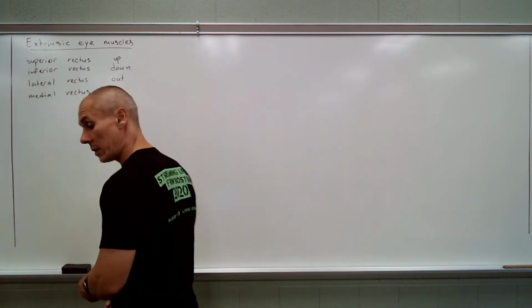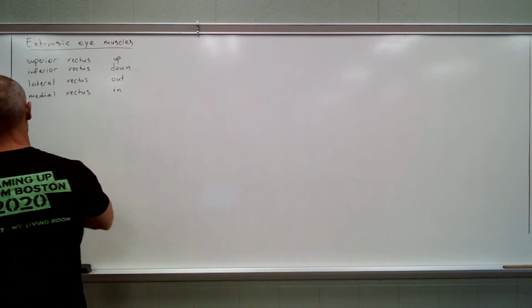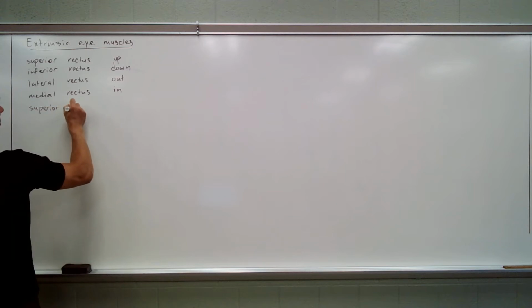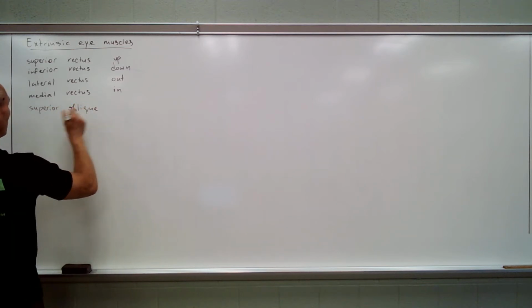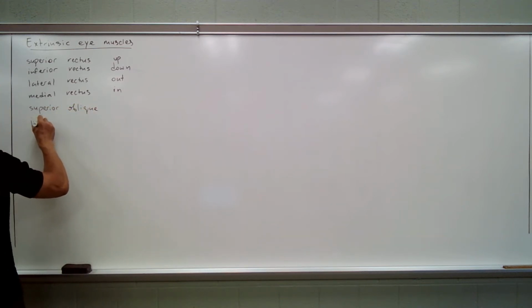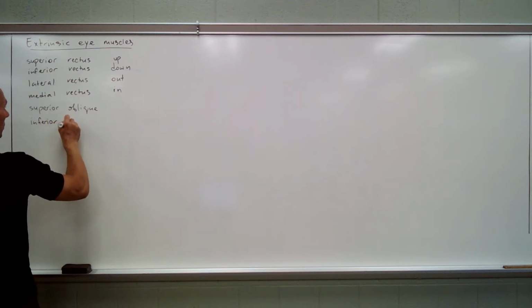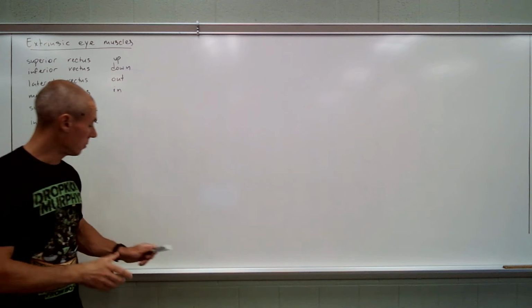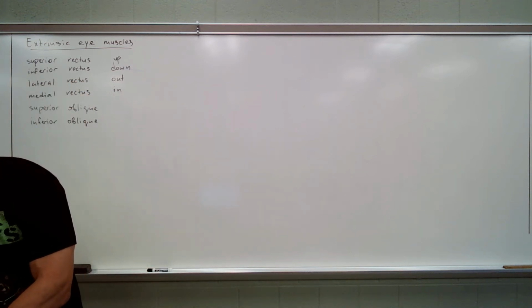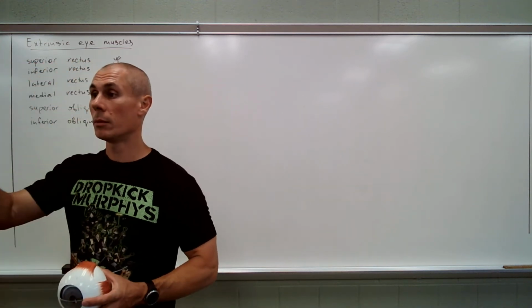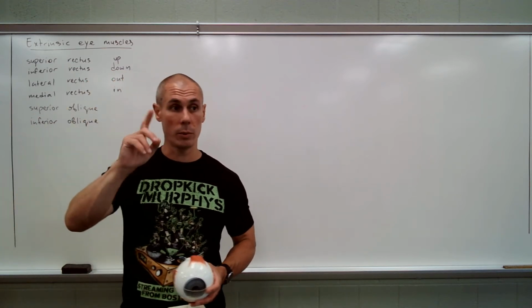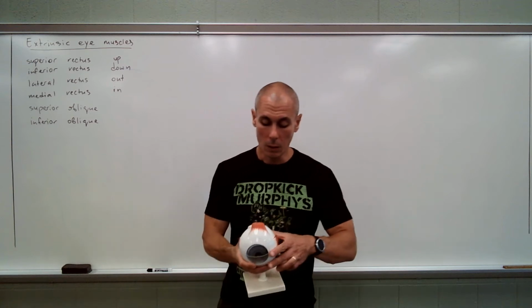Then you have 2 oblique muscles, which are superior oblique and inferior oblique. So these are kind of a little bit weird on the model that some of you have, and those of you who don't, I can pull them out in a second. Hold on a second.